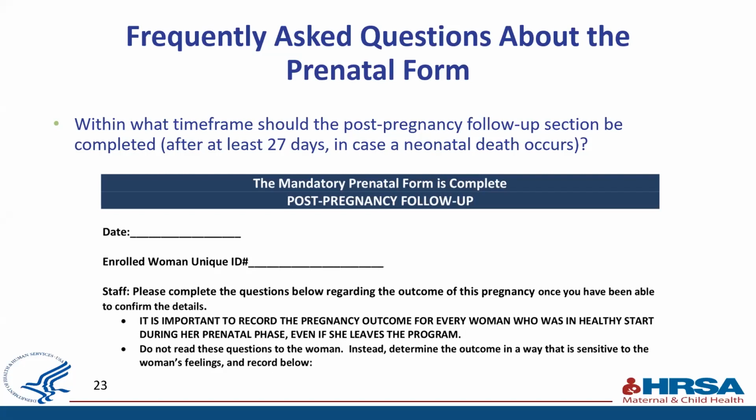Yes. How do we know the outcome if the woman is lost to follow-up or leaves voluntarily? Right. Obviously some attrition will occur, and there is an option in the form. It says outcome unknown, so that is a response option.